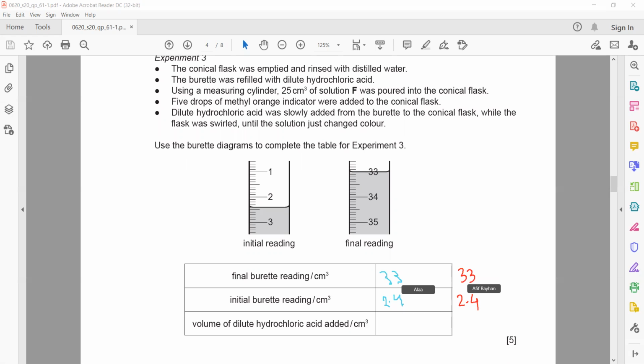The initial value is 2.4 and the final is 33, and the difference is 30.6.